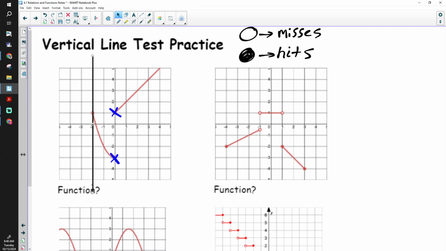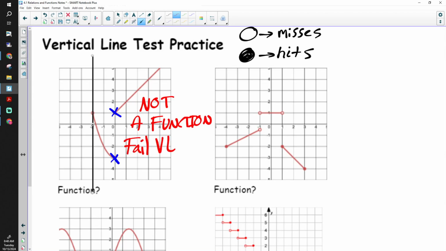And hitting the graph a bunch of times fails, but also not hitting the graph at all will make it fail. So here we are also failing, so it kind of fails twice. This is not a function, because we fail the vertical line test.